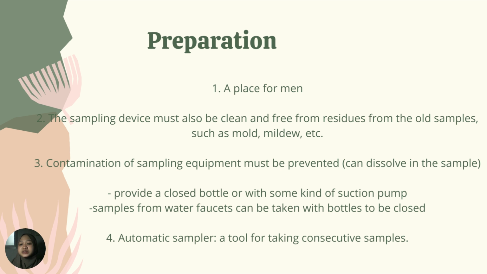The sampling device must also be clean and free from residues from old samples, such as mold, mildew, etc. Contamination of sampling equipment must be prevented, or it can dissolve in the sample.